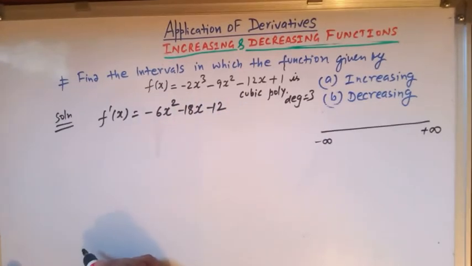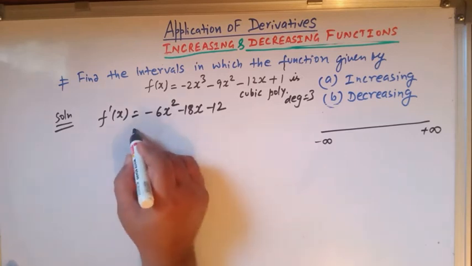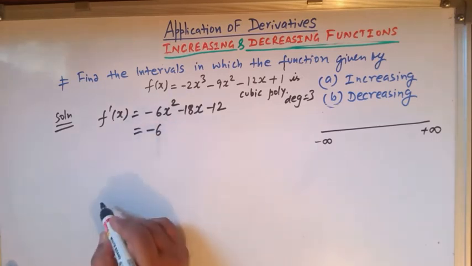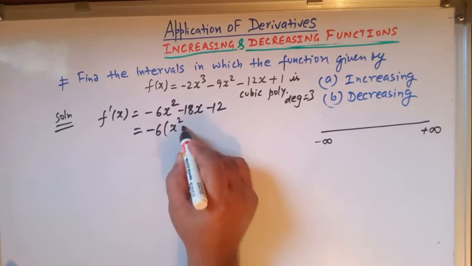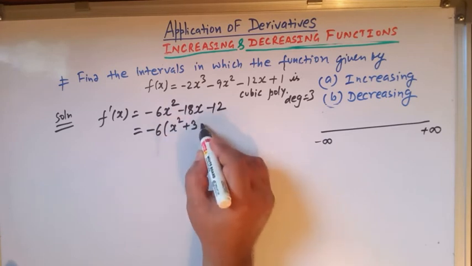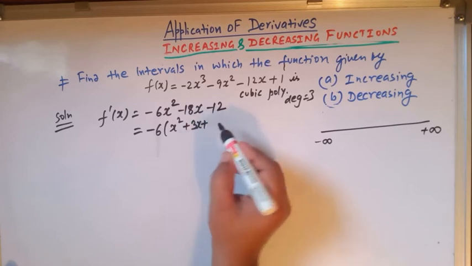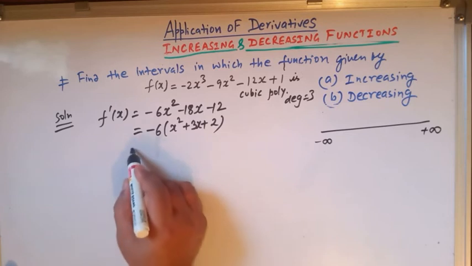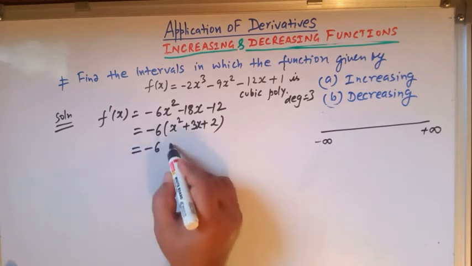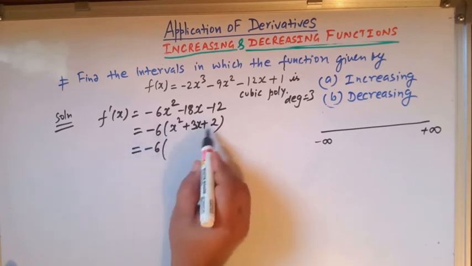Okay, now take the minus sign outside, then we have x square plus 3x plus 2. Clear? So here we have minus 6 here.